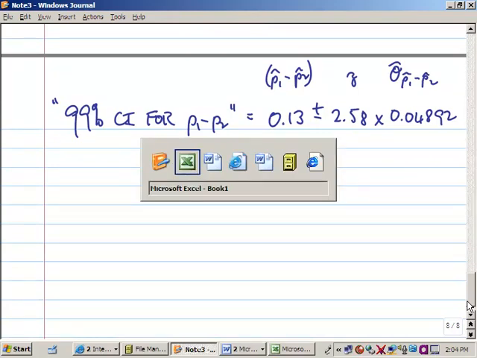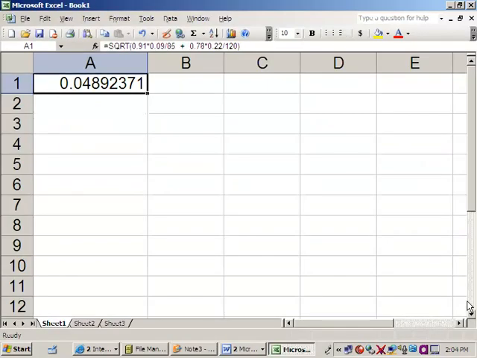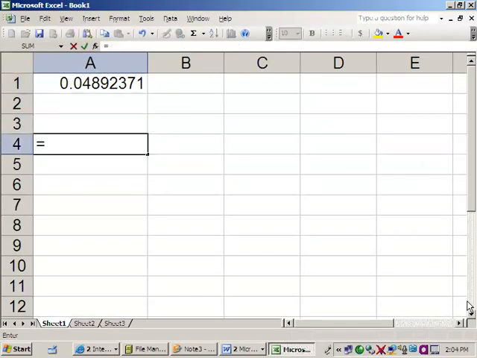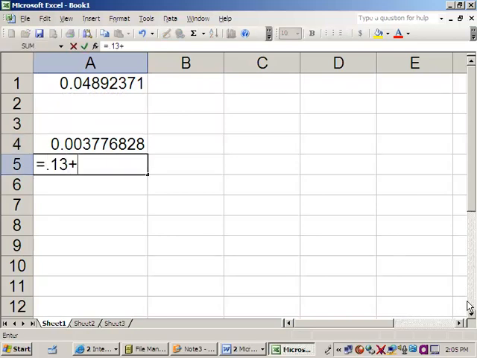Alright, and let's again go back to Excel and work that out. So it's equals 0.13 minus 2.58 times the standard deviation, number very close to 0, and then 0.13 plus 2.58 times the standard deviation. Alright, it's close to 26%.